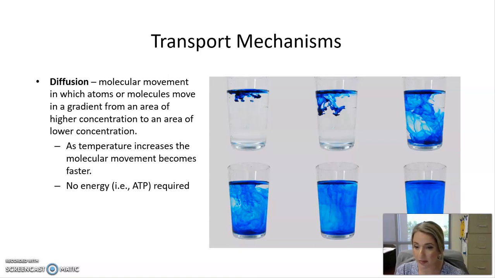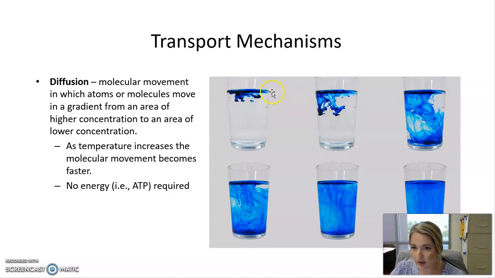There are different types of diffusion, as we'll see in a second, but diffusion as we talk about it here encompasses all of them. Essentially, you're moving things down a concentration gradient, from areas of high concentration to lower concentration, which is what we're seeing here in this glass.